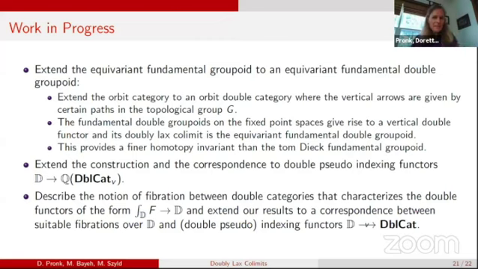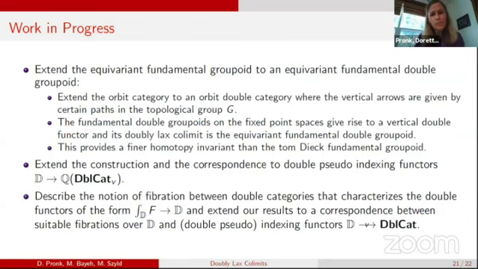We actually started this project because we wanted to construct a finer homotopy invariant for G-spaces. So we have a fixed topological group G acting on spaces. And we were wondering whether there would be a double categorical version of the tom Dieck fundamental groupoid.